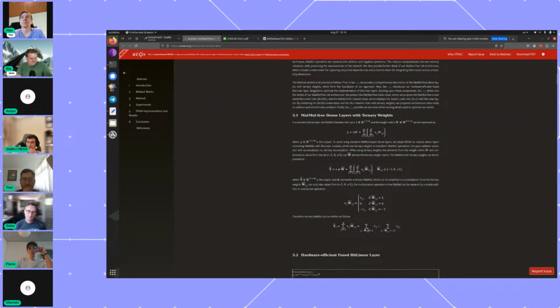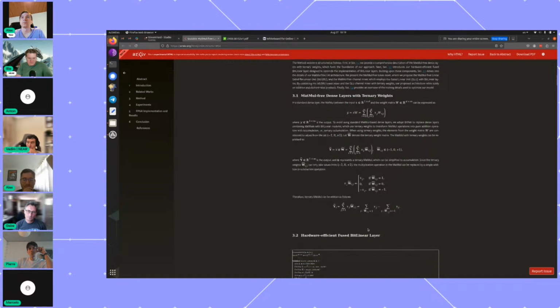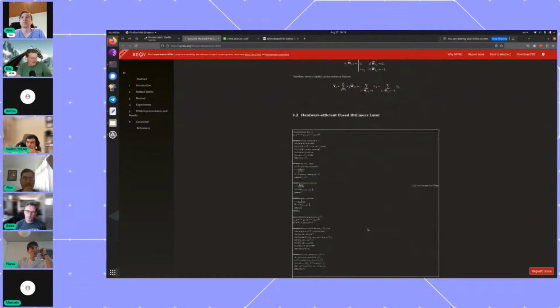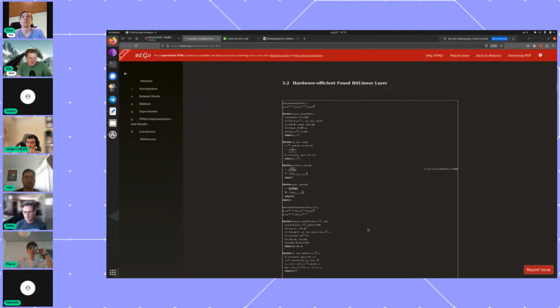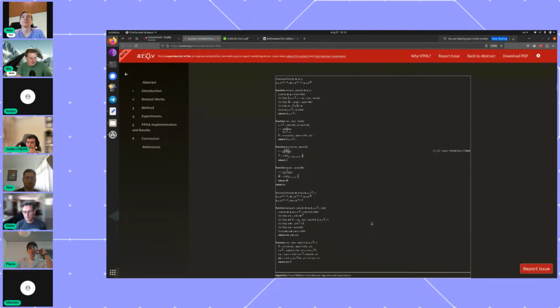And they have an FPGA implementation, at least a reference in the paper, that presumably allows this.